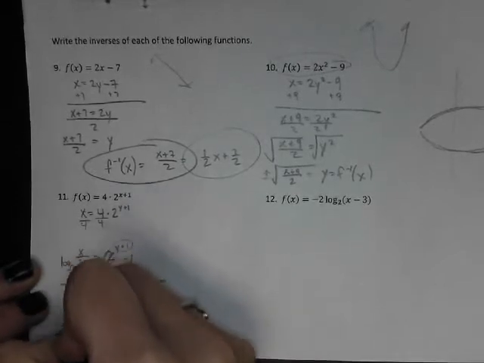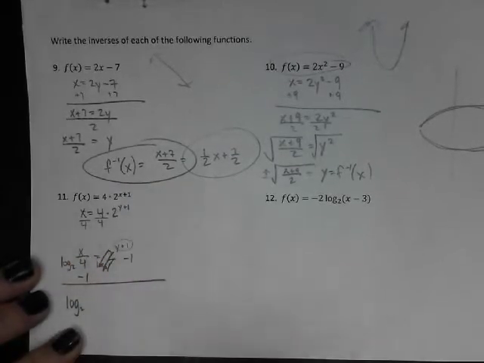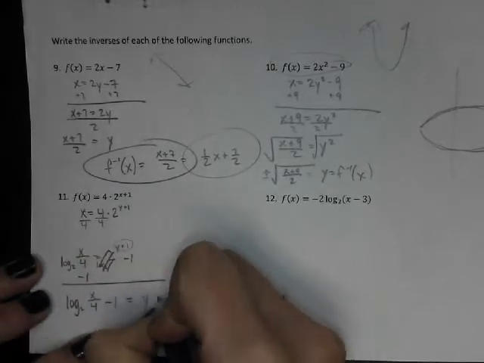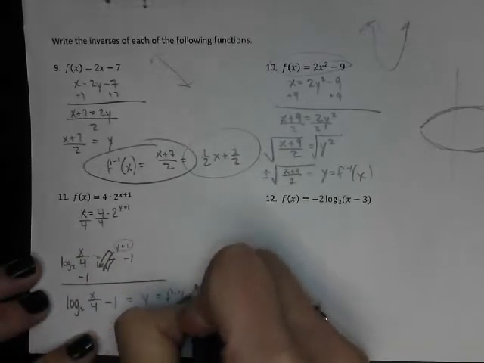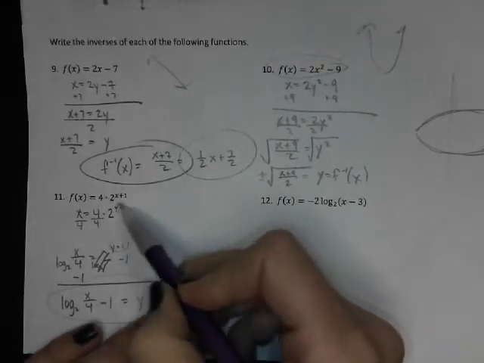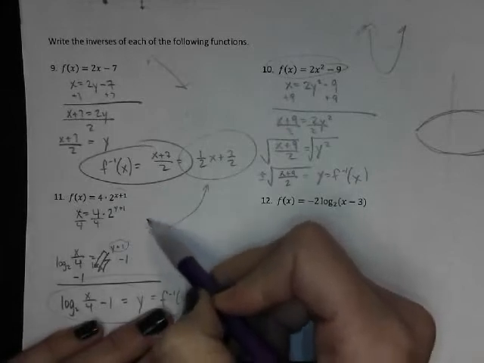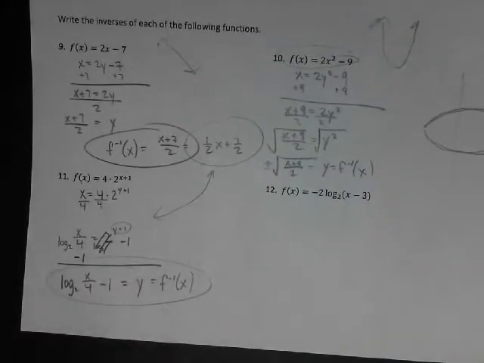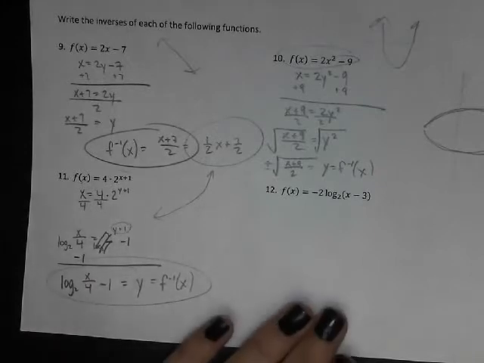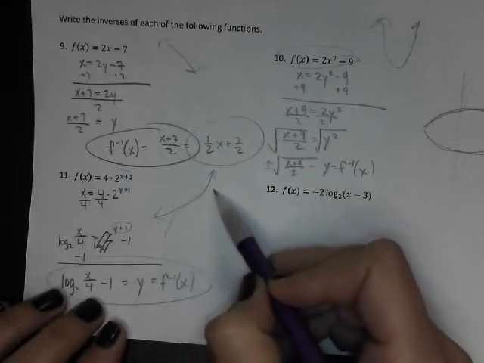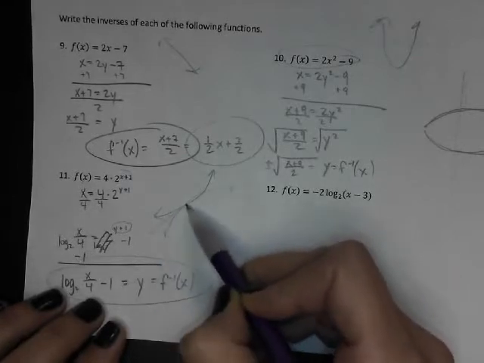So you get log base 2 of x over 4 minus 1 equals y, or f inverse. And that is a function because exponential growth passes vertical, passes horizontal, so we're all good. So this log is an inverse function. And when you graph these two, remember, they're going to be symmetrical to each other through this diagonal line y equals x.